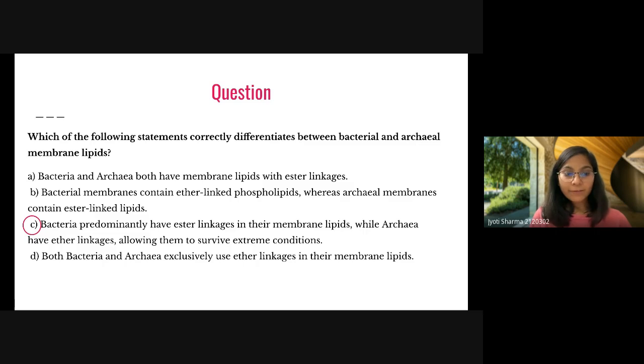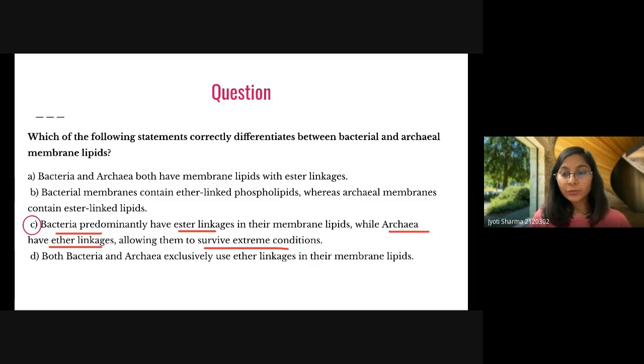Just keep in mind, if we are talking about the bacteria, then we have the ester linkages, and if we have the archaea, then we have the ether linkages. In the archaea we have the ether, and these ether linkages are very important because they allow them to survive extreme conditions.